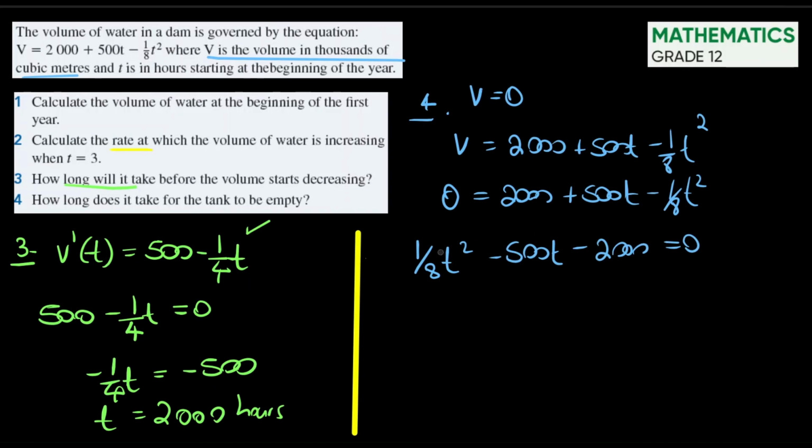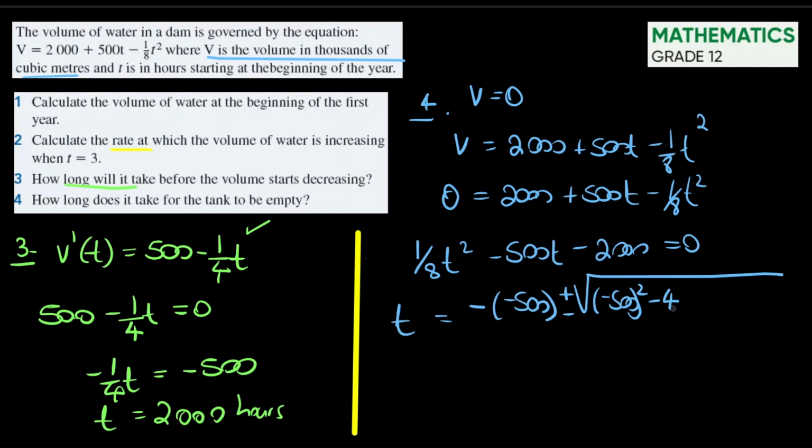And we can just simply plug everything into our magic formula, which is our quadratic formula, minus b plus the square root of b squared minus 4ac, all divided by 2a.